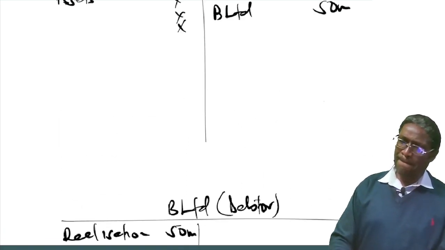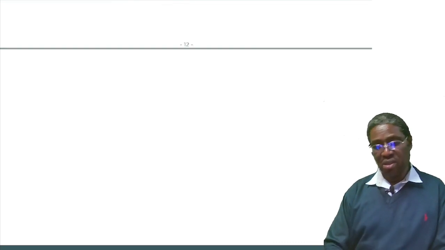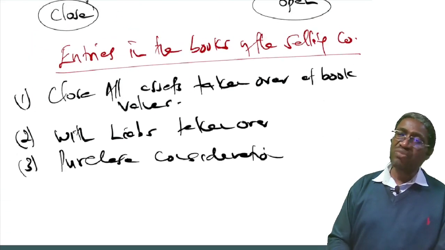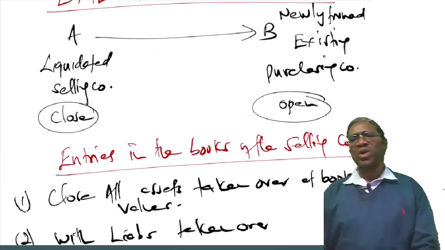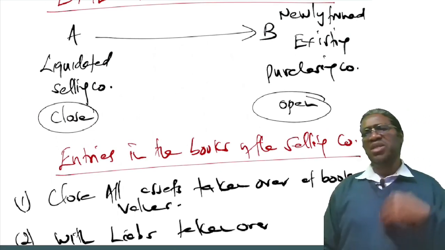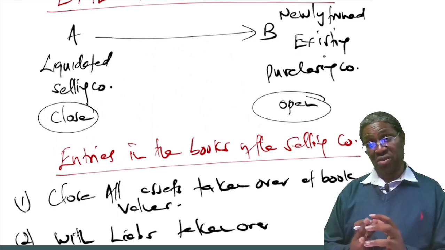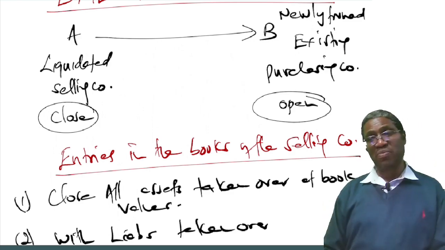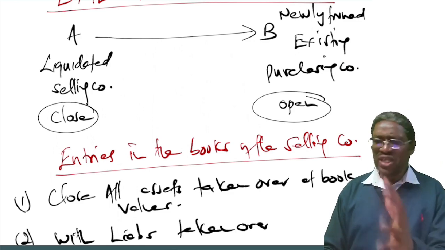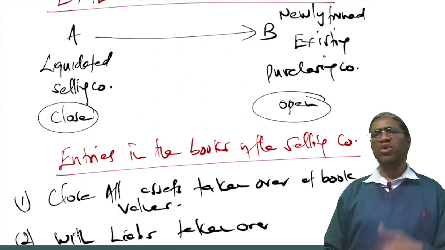Number 4. I have also told you company A has to be liquidated. Whenever a company is liquidated, they may incur some cost to liquidate themselves, because they must liquidate themselves so that they sell their business to company B. Suppose they need maybe 2 million shillings for liquidation expenses.